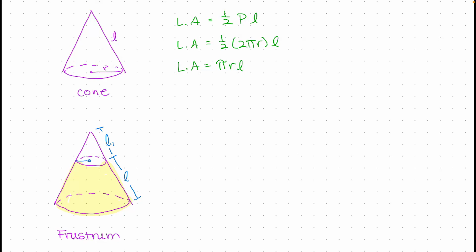So let's call the radius of the little cone R1 and the radius of the big cone R2.